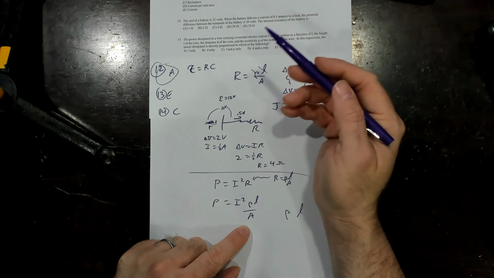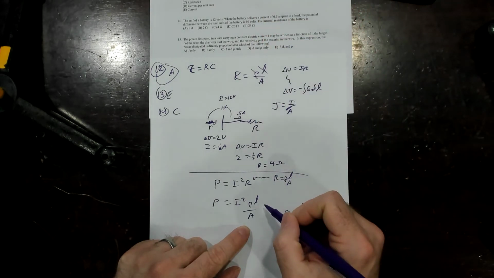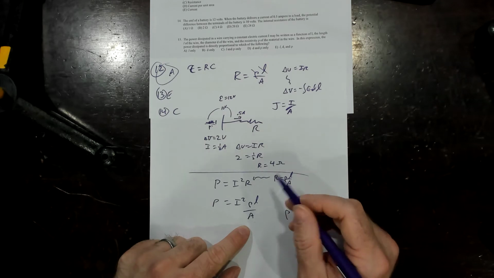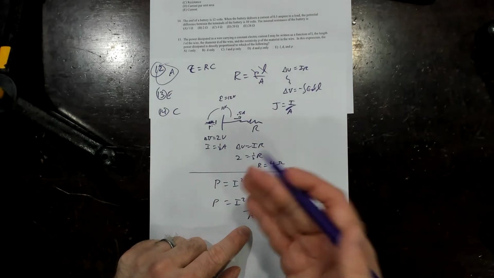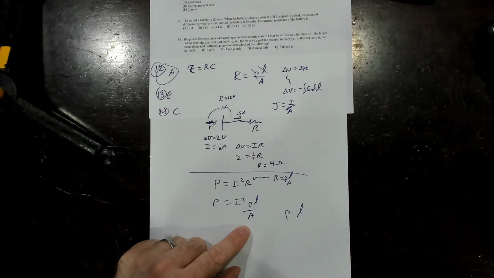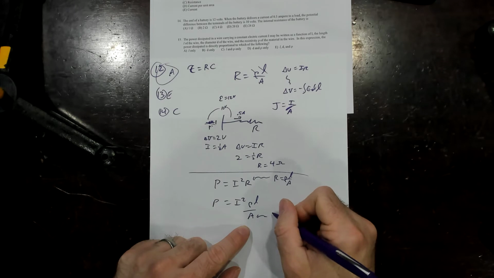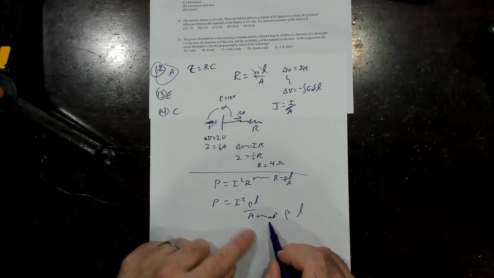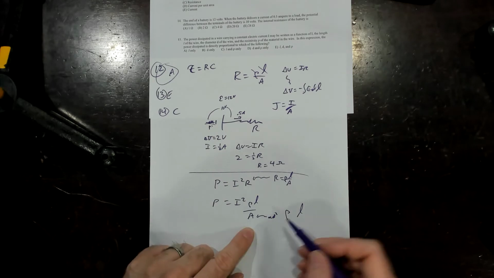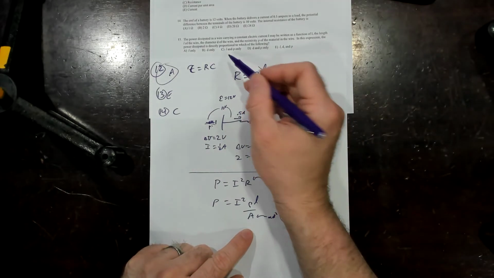If it was a cylindrical wire, the cross-sectional area is pi r squared, so it's going to be proportional to the diameter squared. So that's definitely not a direct proportion between power and that. So it's really just directly proportional to rho and L. That looks like choice C.